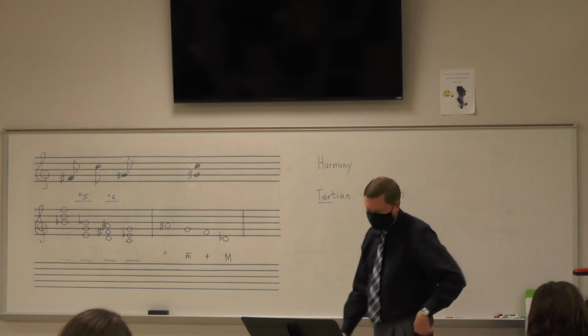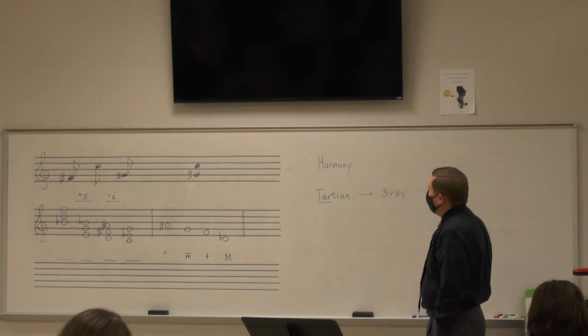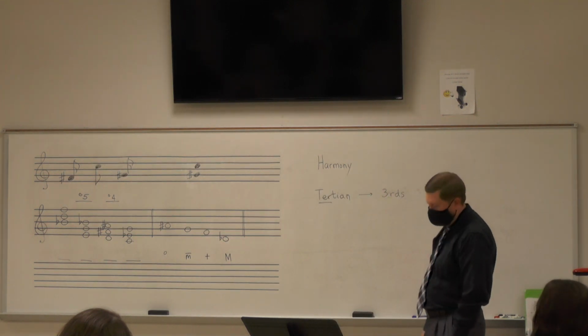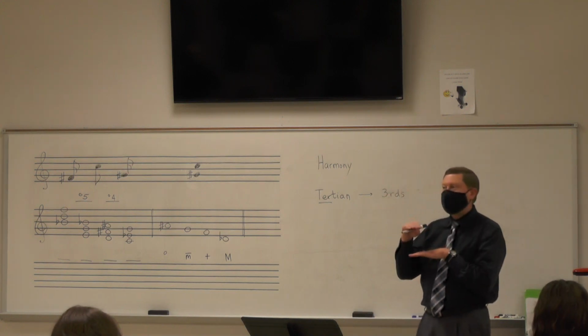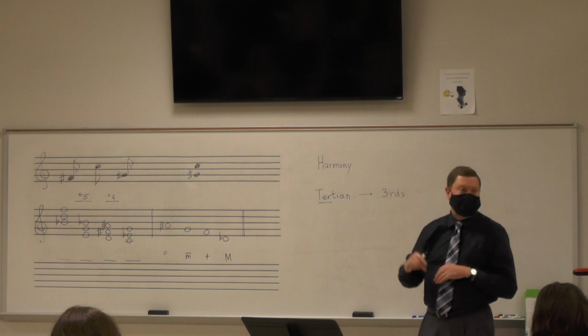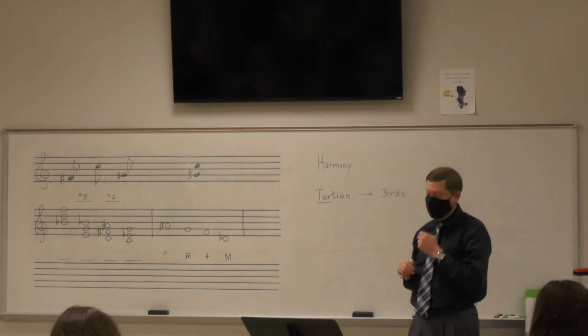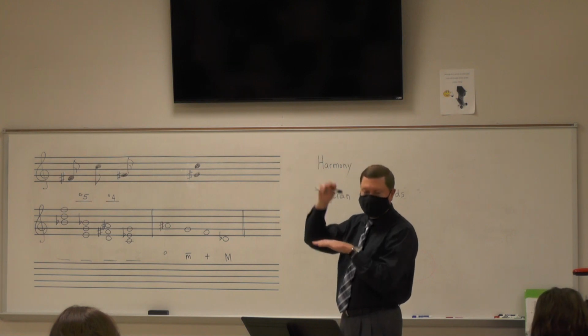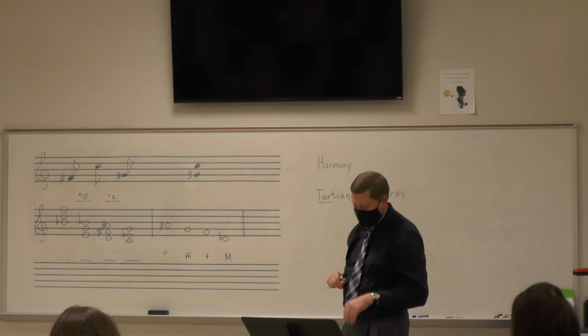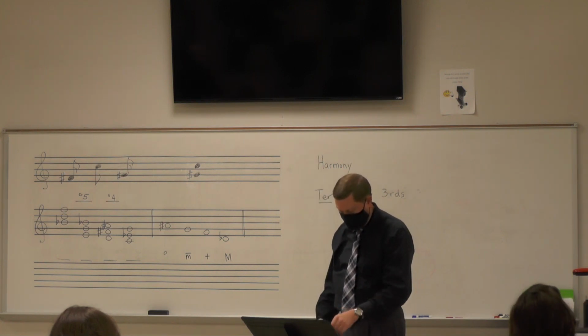That is, we build and construct chords by stacking notes in intervals of thirds. That's the magic interval: we just stack notes on top of each other as many times as we need to in intervals of thirds in order to get a chord.